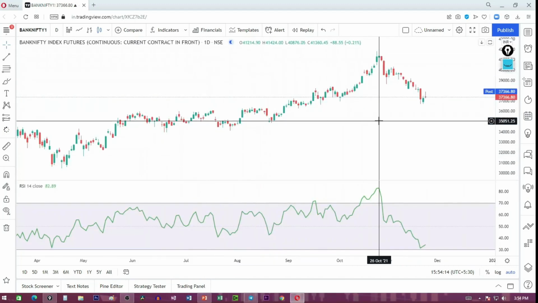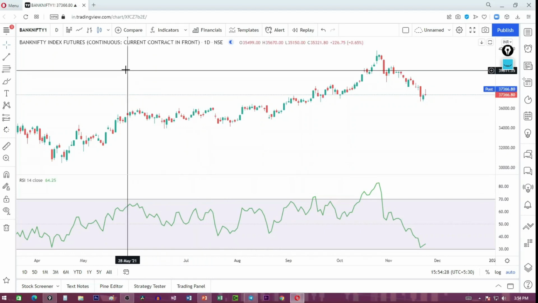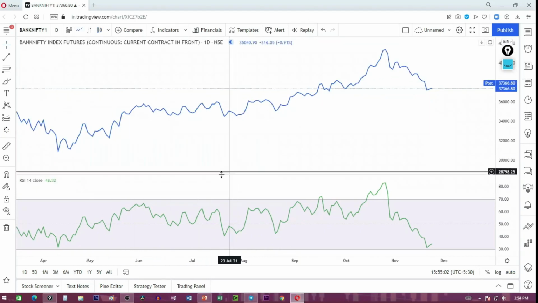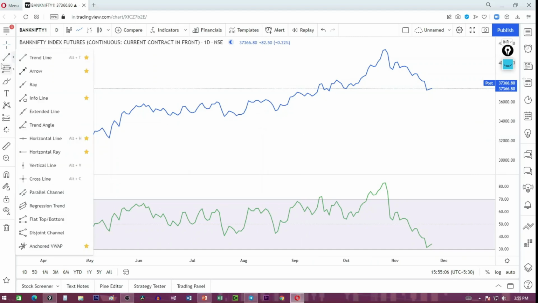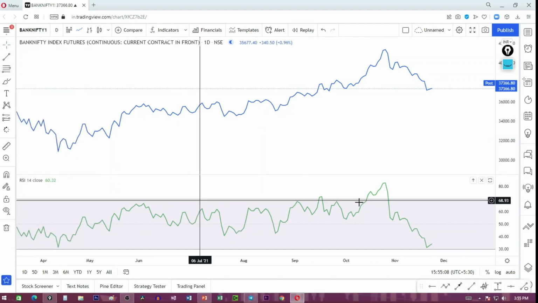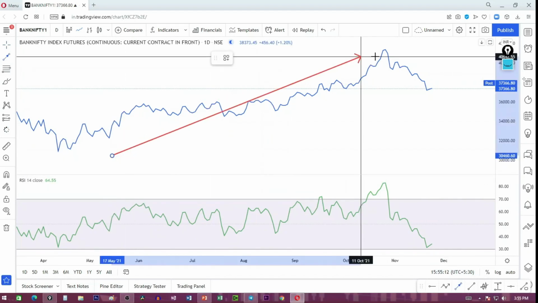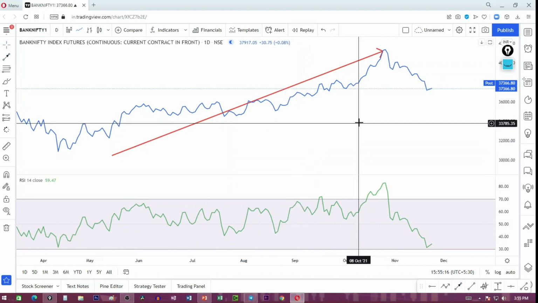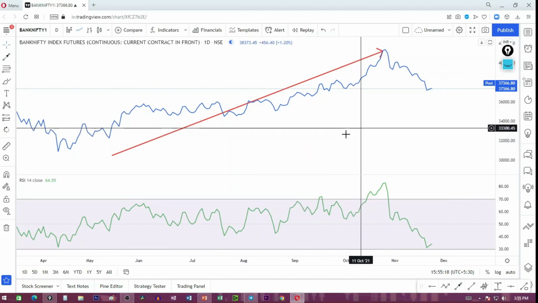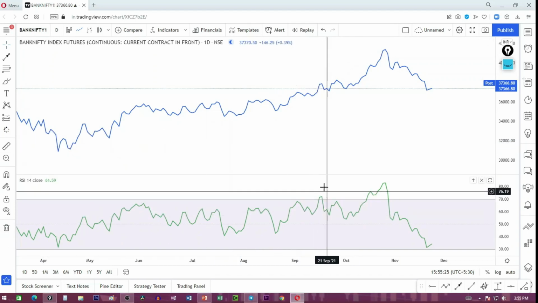This is Bank Nifty future chart and this is our RSI. Let me convert candlestick to line chart. So we need some uptrending move. So price in uptrending move, and here we have to find out a negative classical divergence.